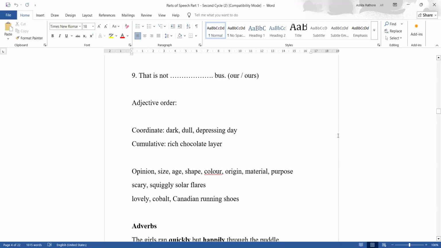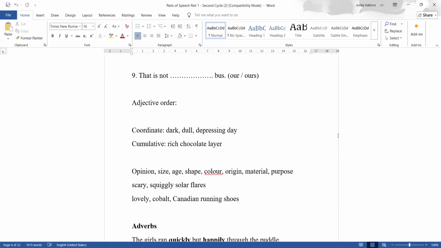So this is very important. This is the core concept around which any competitive exam plays, or they also judge your writing, or in an interview also this is a very important point of judgment, which is the adjective order. So there are two orders, coordinate and cumulative.